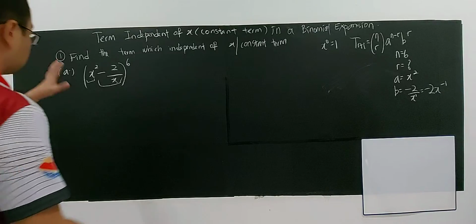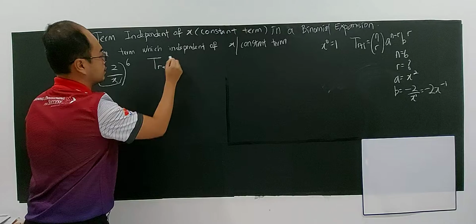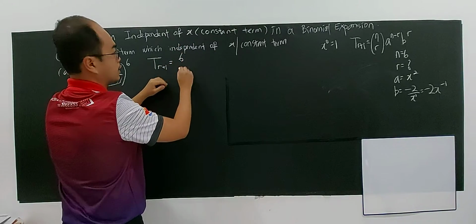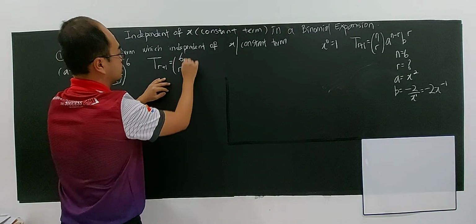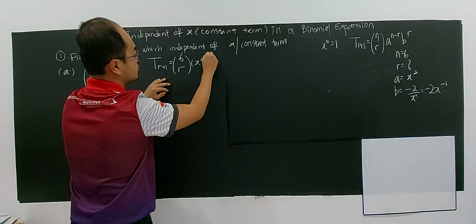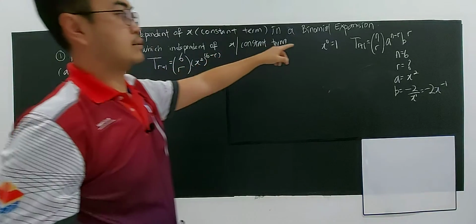So now we apply the formula T(r+1), plugging in all the values. Your a is x squared to the power of 6 minus r, n minus r, right?